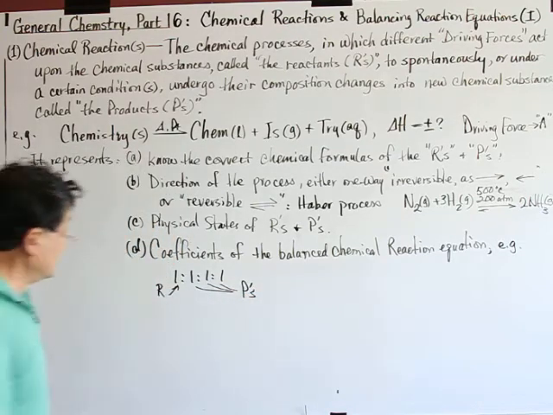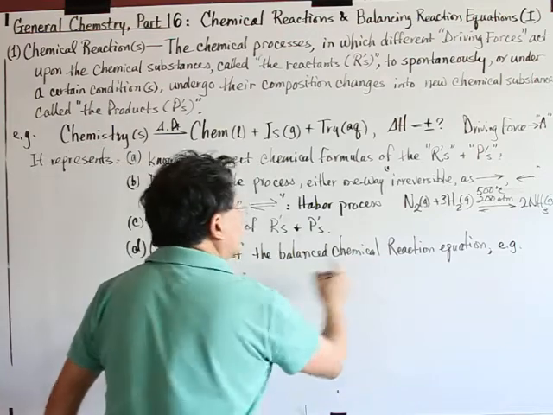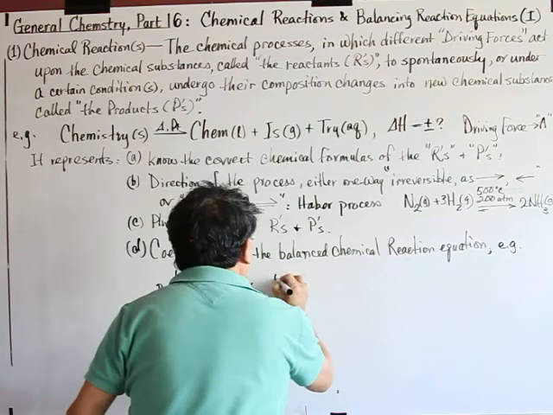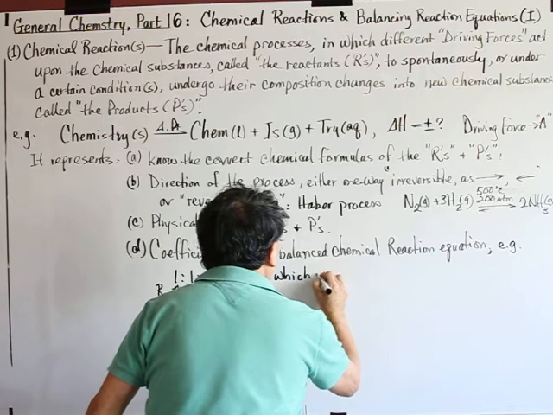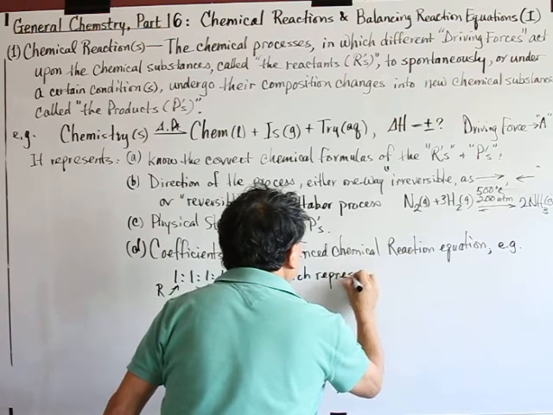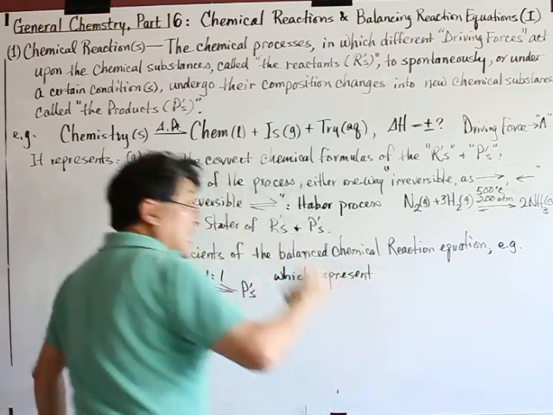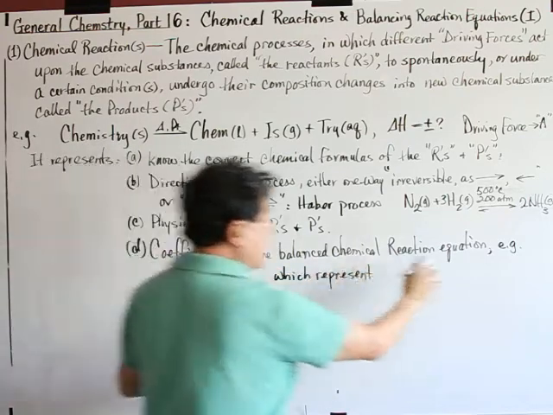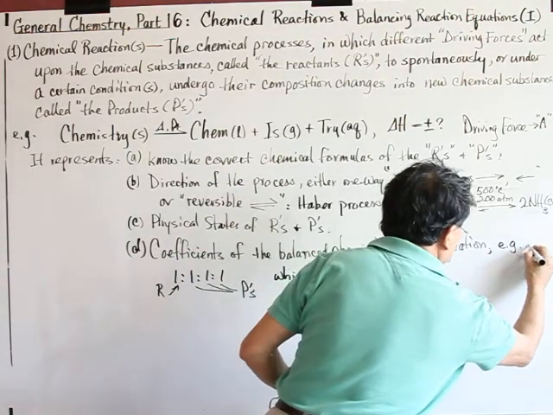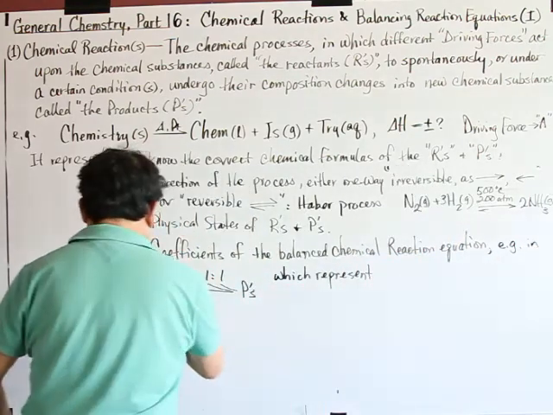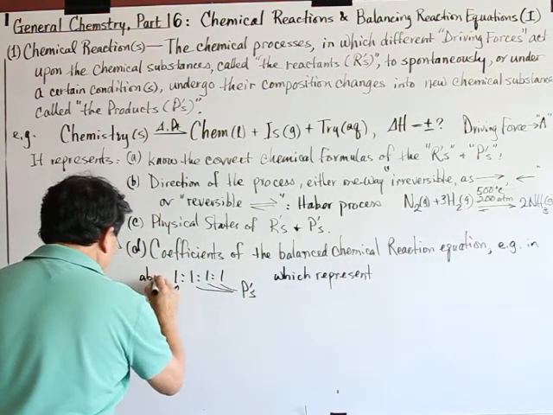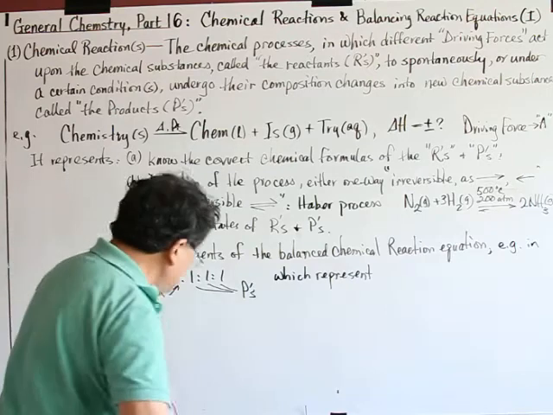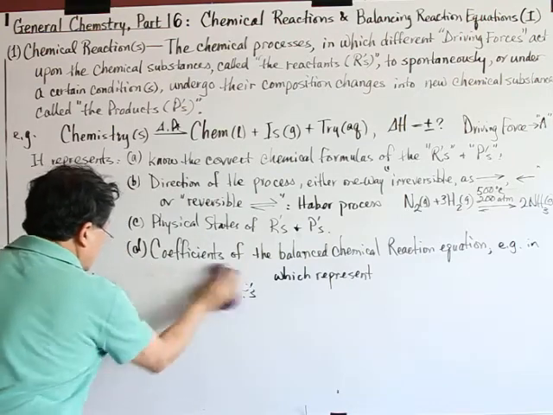They are mole ratios, right? Coefficients. What does the equation represent? That is very important right here. What is the coefficient, right? It is above. Above, let me rewrite it.